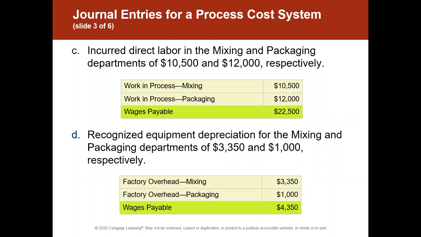Next, we recognize equipment depreciation. So they debit overhead and then they credit wages payable. I think that's a mistake. It says recognize equipment depreciation for the mixing and packaging departments of $3,350 and $1,000 respectively. That's incorrect.